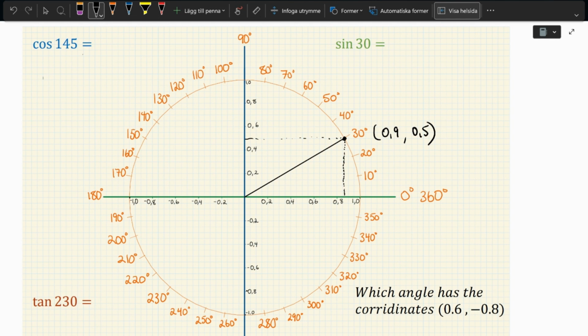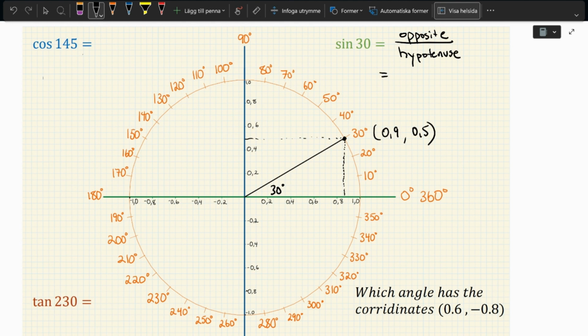Obviously, we can calculate the sine of 30 using our special triangle, the 30, 60, 90 triangle. But using the unit circle, we can also determine it. So if we have the sine of 30 degrees, we need to take the opposite side divided by the hypotenuse.